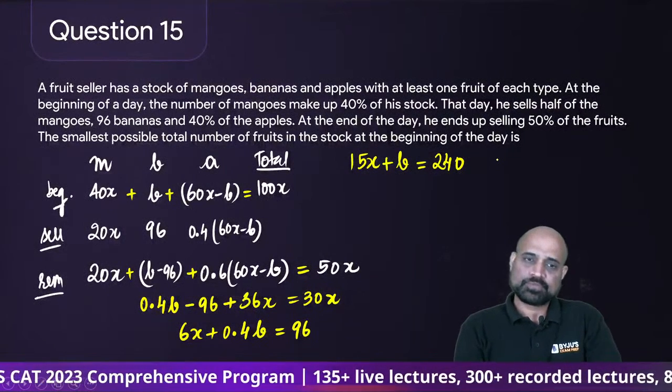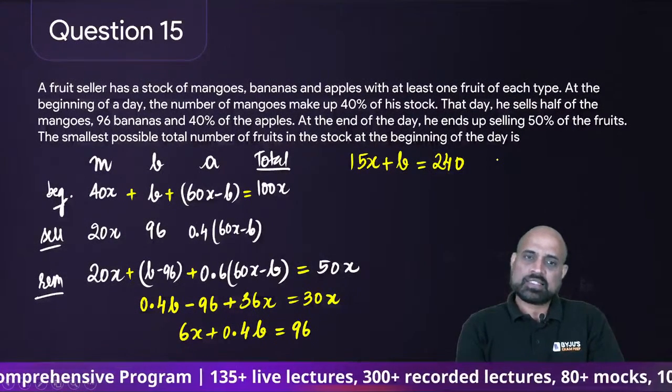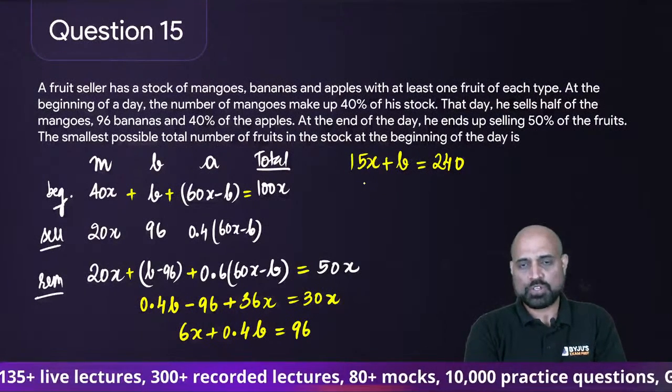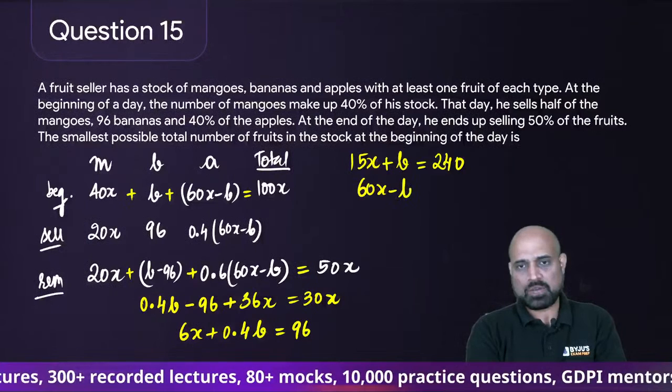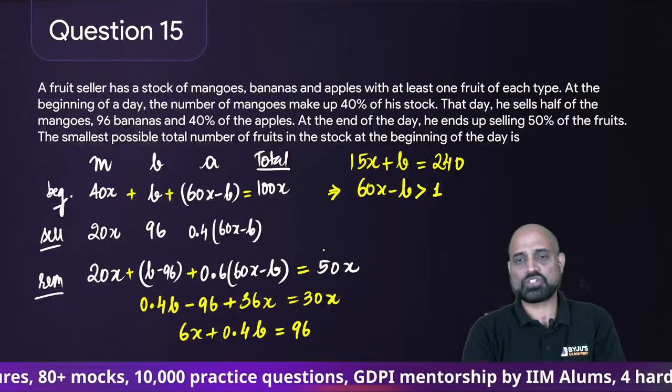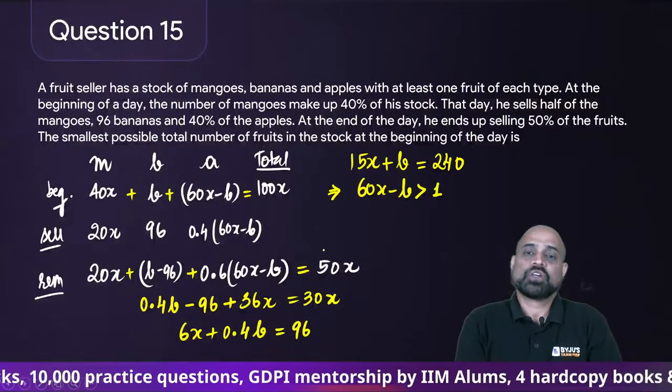Now 60x minus b should be greater than 1, right? This is also something that we should know.